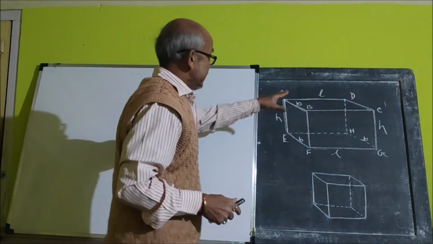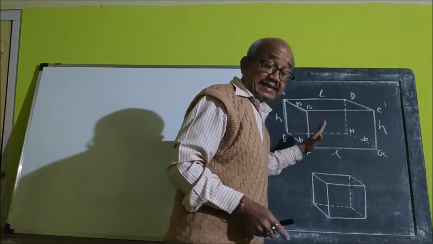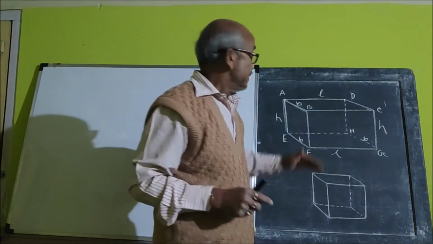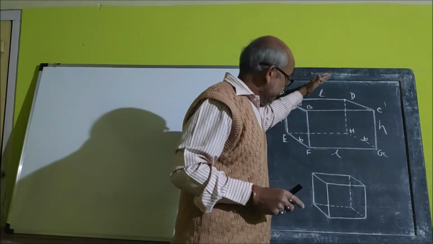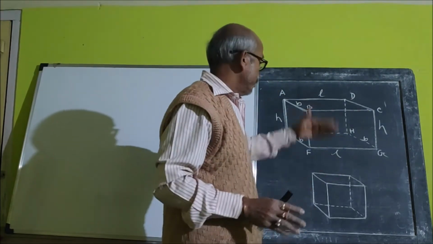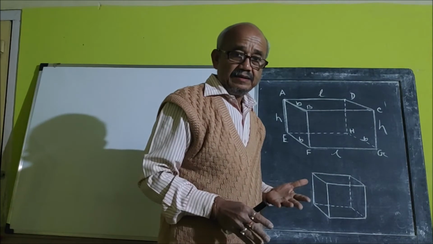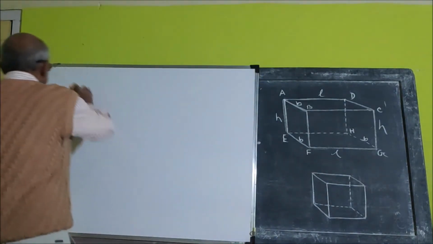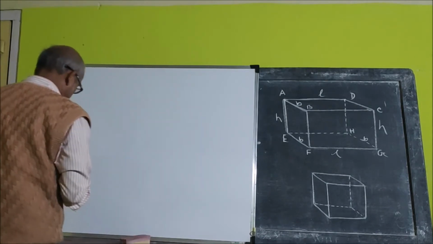Of these 6 rectangles, 2 pairs of rectangles are always equal. The up rectangle and down rectangle are equal. The two sidewise rectangles are equal, and the front and back sides are equal. So ultimately we get 6 rectangles.